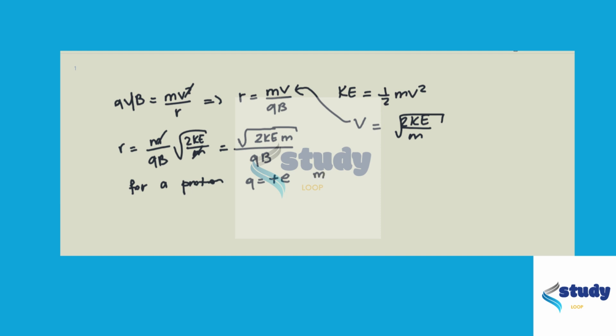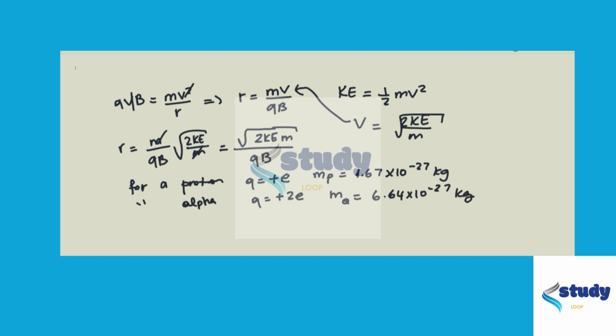And the mass for a proton, I'm going to call it m sub p, that is 1.67 times 10 to the negative 27 kilograms. If we do the same for an alpha particle, then we have twice the charge, and we almost have 4 times the mass, which is 6.64 times 10 to the negative 27 kilograms.